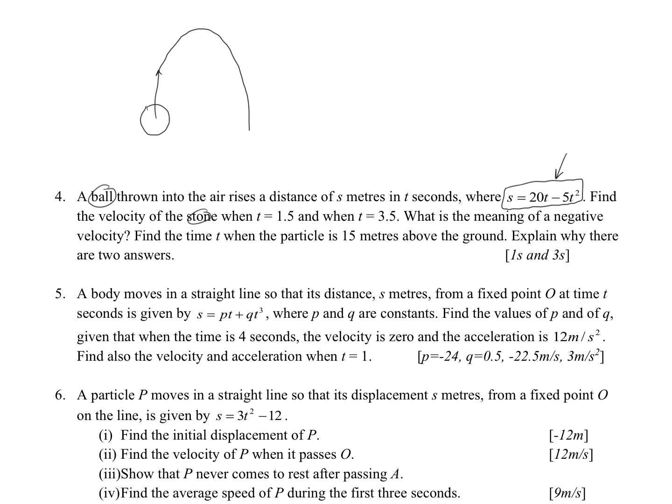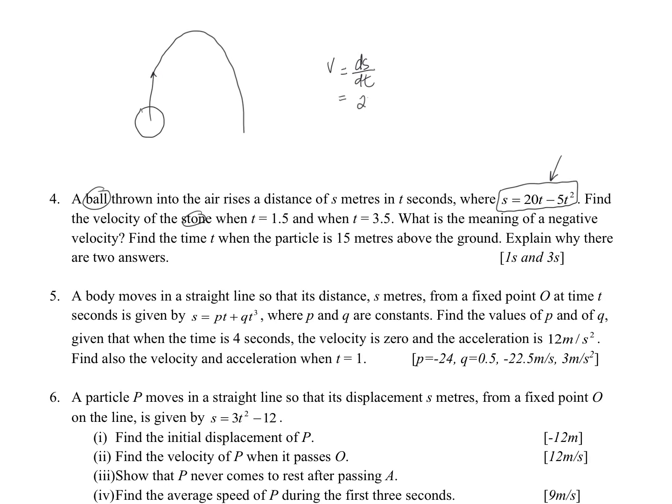Okay, so first they say, can you find the velocity when time is 1.5? So go and find ds/dt first. Let's differentiate this. You get 20 minus 10t. Then sub in t equals 1.5 to find the velocity. 5 meters per second.